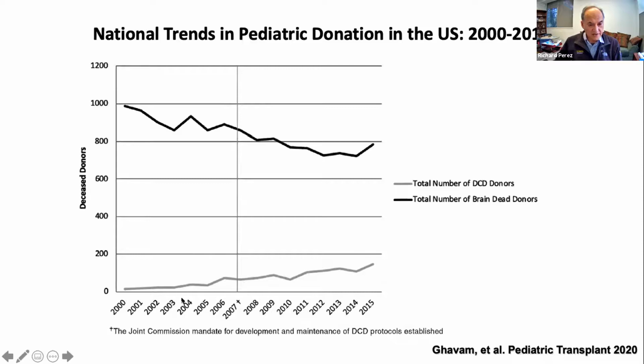So you can see here in the early part of the 2000s, a very low rate of DCD donation. In 2007, there was a Joint Commission mandate that all hospitals had to have DCD protocols for children, and there was a modest but significant increase, still less than 200 in the whole country per year.